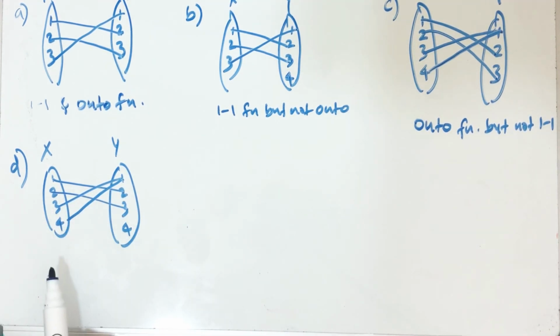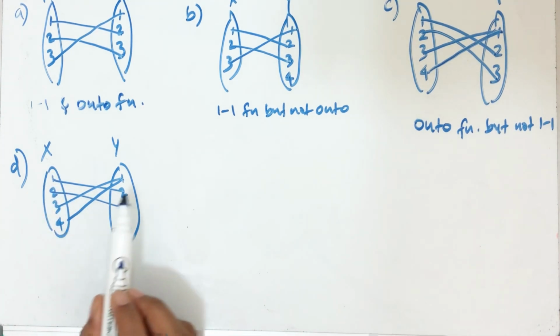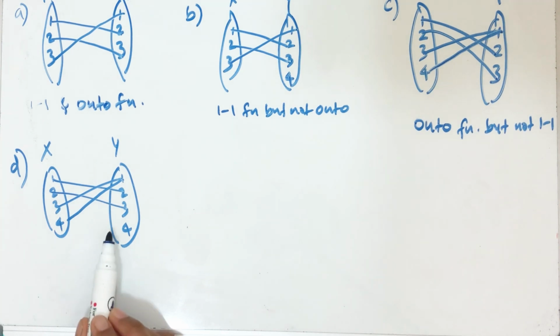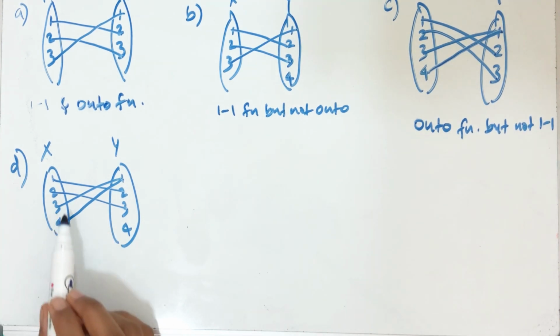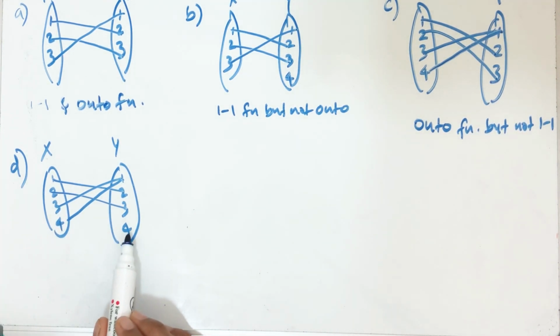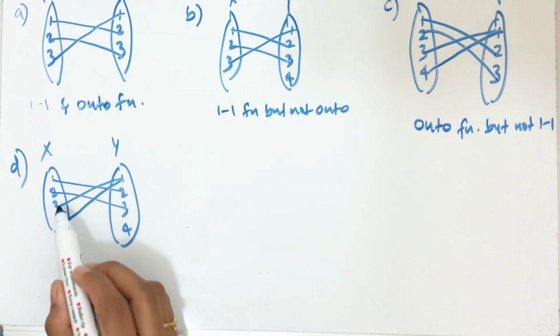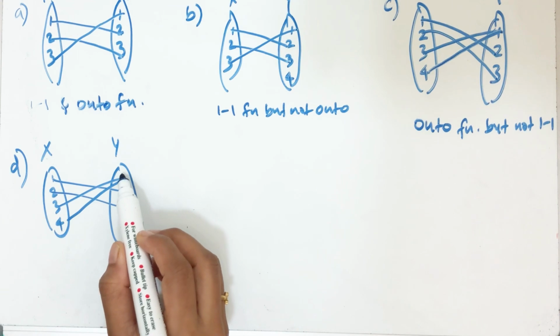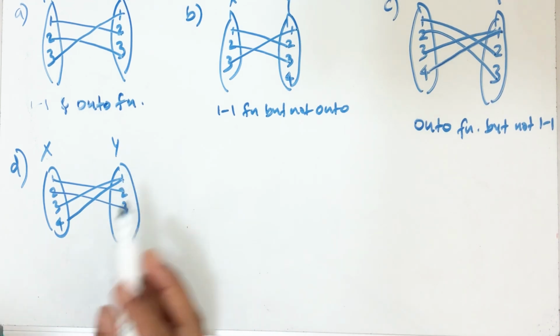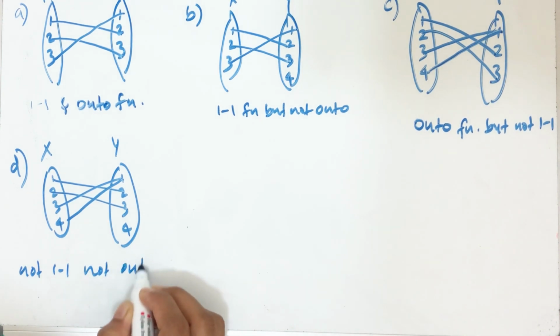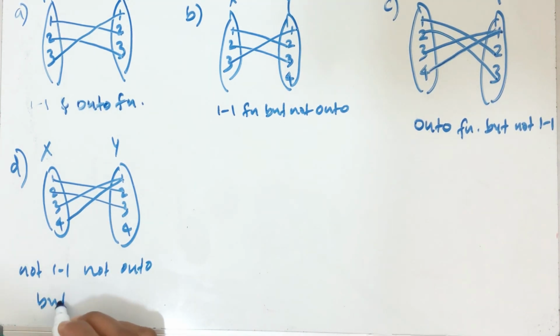This is a function because each element maps to exactly one element in Y, but not 1-1 and not onto. See, here no element maps to 4, so this is not onto. f(3) and f(4) are equal to 1, that is, 3 and 4 map to the same element in Y, so this is not 1-1. Not 1-1, not onto, but it is a function.